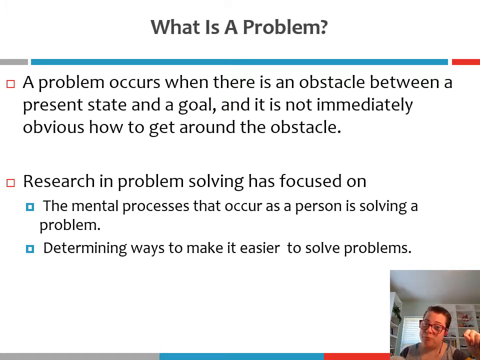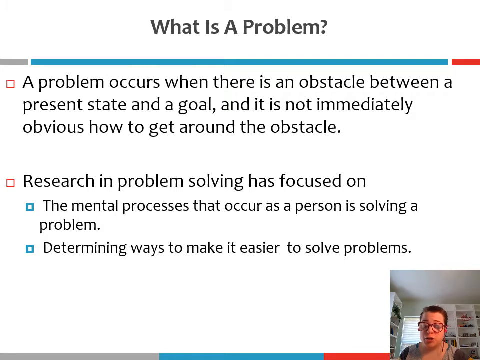So there's an obstacle between where you are now and where you want to be, and it's not immediately obvious the steps you should take to get around that obstacle. So in problem solving, we're trying to progress from our current state or present state to a goal state. And in order to do that, we have to figure out how to get around an obstacle.